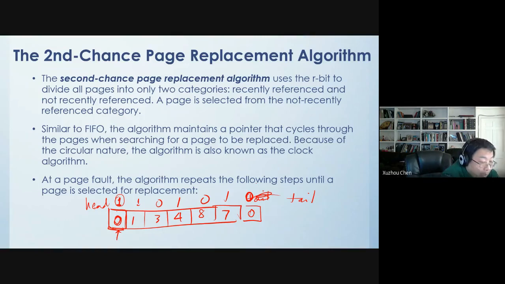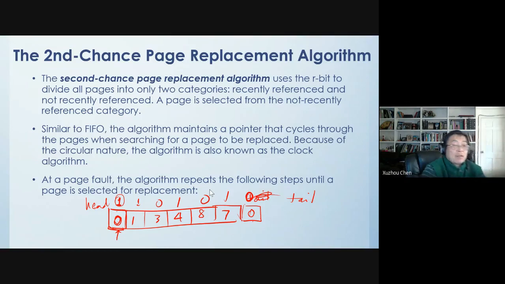Once you put page 0 on the back and reset the reference bit to 0, if next time page 0 is pushed forward to the head and it's never been referenced, then page 0 will be replaced. If page 0 is referenced again, it will be given another chance.